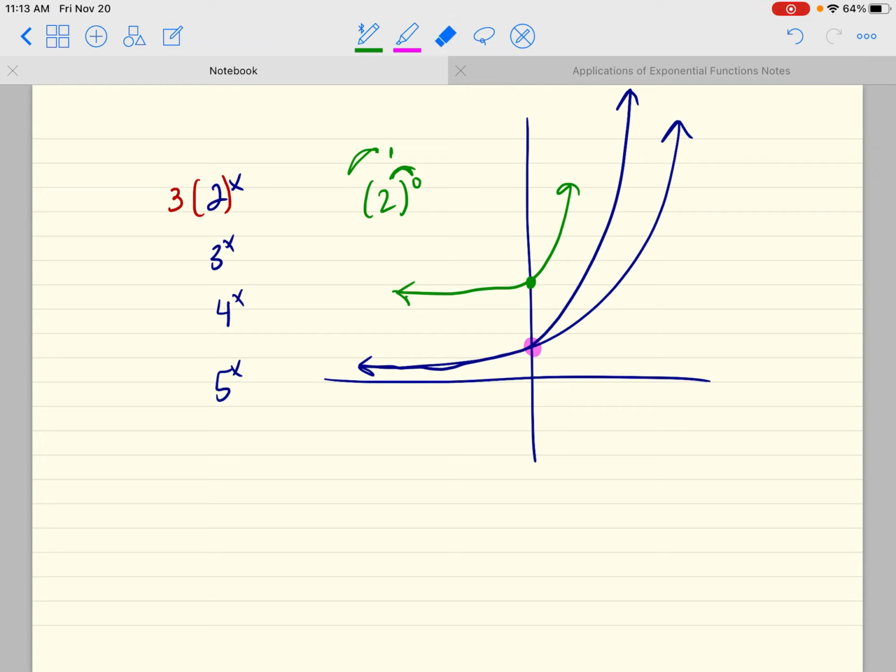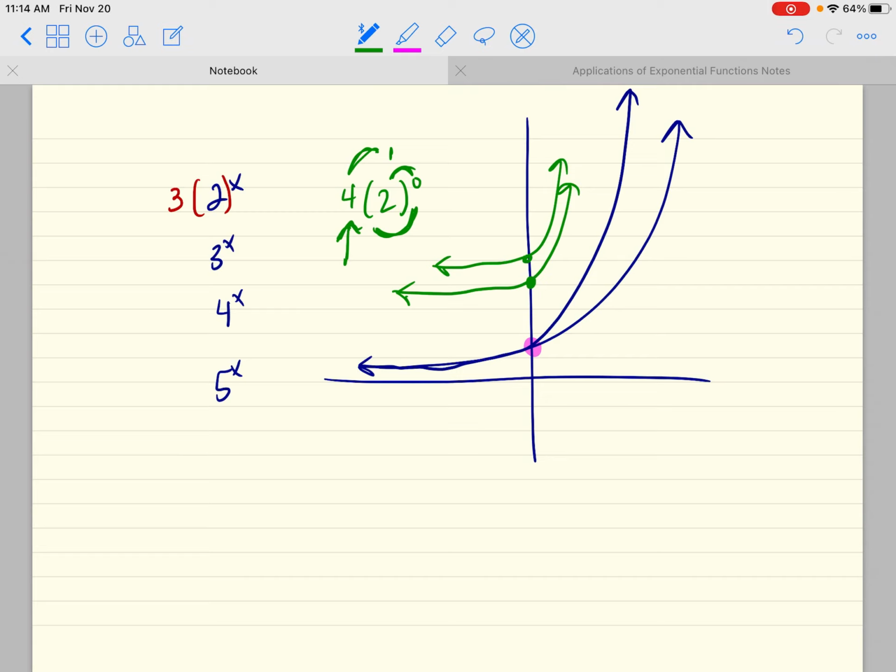Or let's say I put a 4 out there, then 2 to the 0 would still be 1, multiplied by 4 would then make my graph start at 4. So 2 to the 0 power will always be 1, but if I now multiply by some number out here, that's where my graph will cross the y-axis instead.